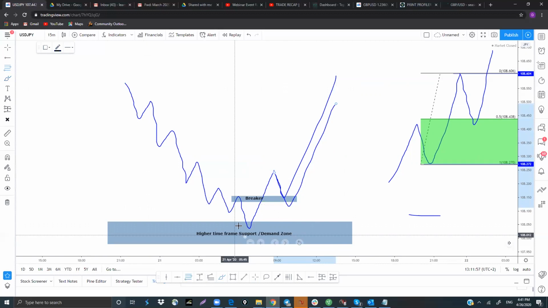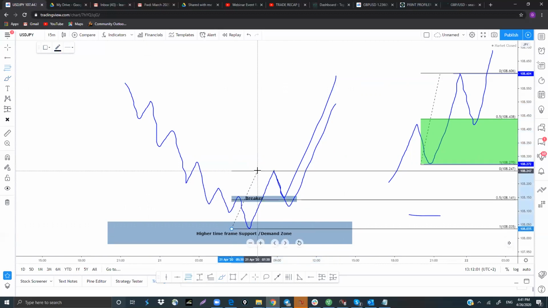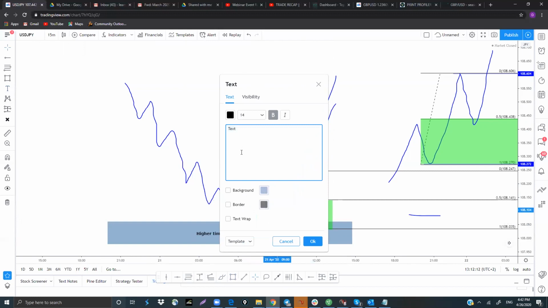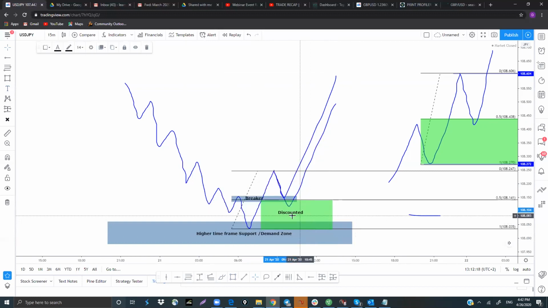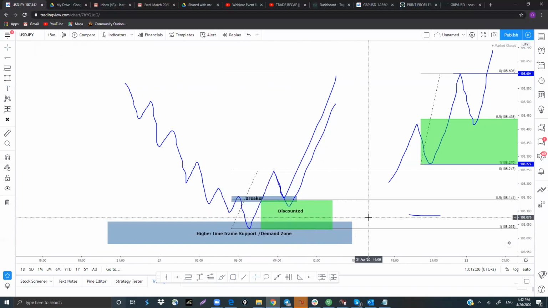If I mark my Fibonacci from this swing low to swing high, everything below 50% is my discount zone, and in this zone I want to buy. Conservative traders can wait for the price to come back to the discount zone and buy, while aggressive traders can buy from the breaker retest.